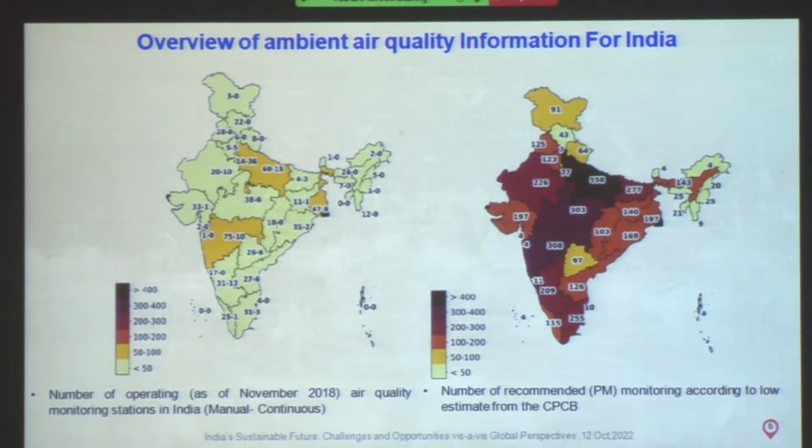And that is one thing I'm going to discuss here: what kind of new technologies, new approaches we are trying so that we can meet this need without having to incur so much money on import. Second, I'm going to focus more on particulate matter 2.5, which is the primary health hazard. As of now, it is estimated that 2 million deaths are happening in India every year because of PM 2.5.